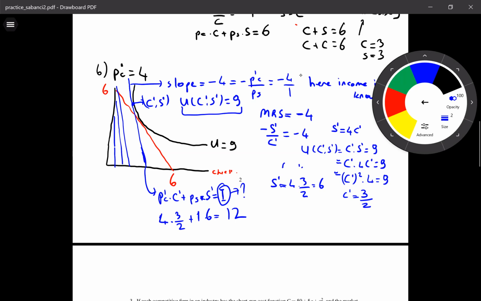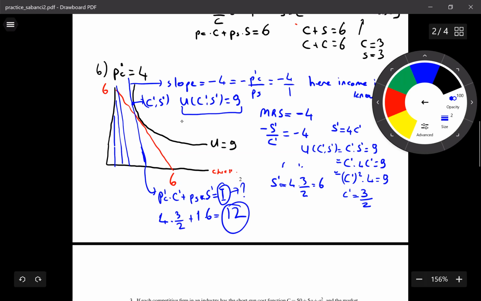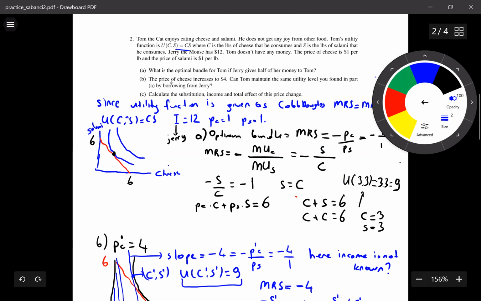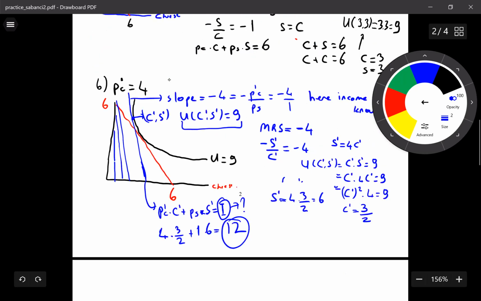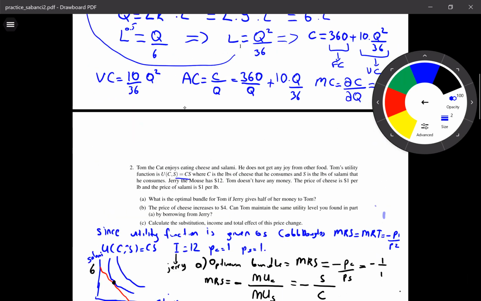So the income that I need to achieve the utility of 9 with the new prices is 12. Since the mouse has a total income of 12, we can achieve the same utility.